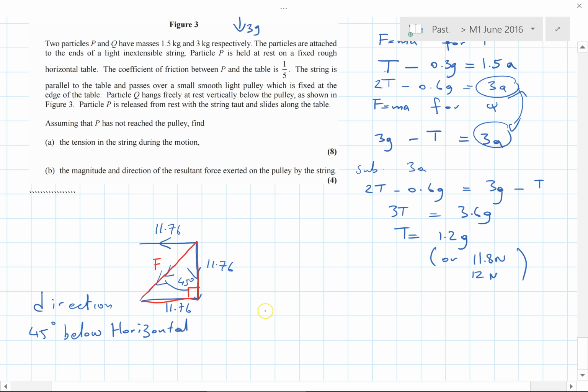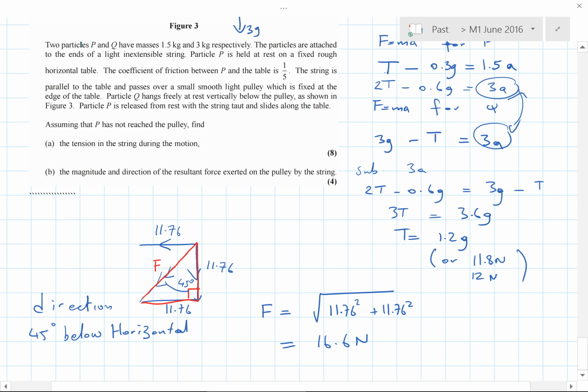So F is equal to the resultant of these two, which we can find using Pythagoras' theorem, 11.76 squared plus 11.76 squared, square rooted, which equals 16.6 newtons to 3 significant figures, or 17 newtons to 2.